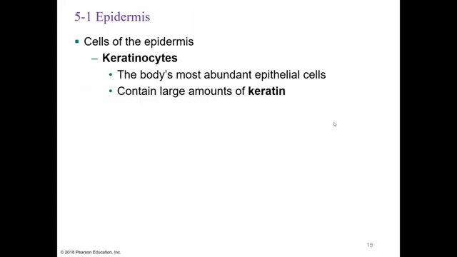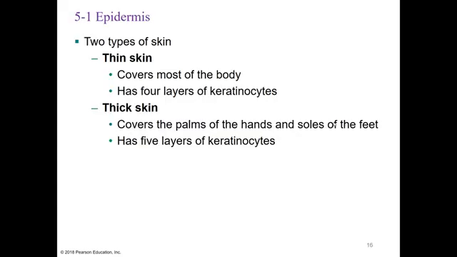So the cells of the epidermis are called keratinocytes. These are skin cells that are filled with keratin, and keratin again is a water-resistant protein. It's very tough, very fibrous, which we definitely would like our skin to be. And the skin in the epidermis can come in two variations. We have thin skin, which is what we find on most areas of the body.